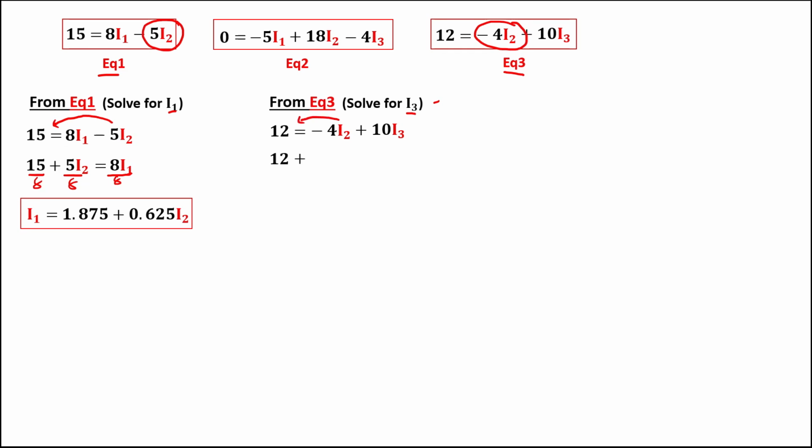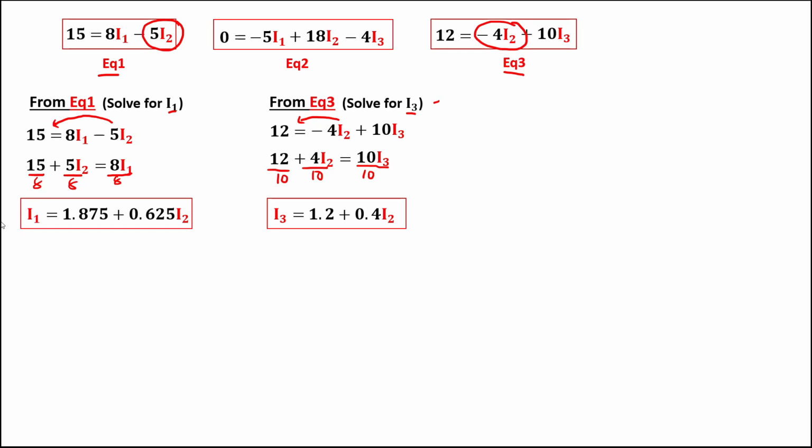So this becomes positive. Then to solve for current 3, divide both sides, or every term, by 10. So now current 3 equals 12 divided by 10, that's 1.2, and 4 divided by 10, that's 0.4 times current 2.